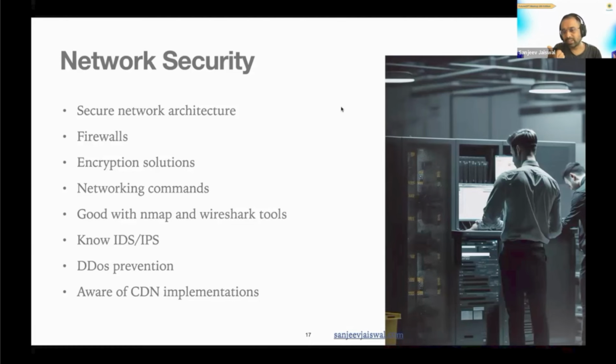If you want a career in network security, that's why I'm trying to cover all these slides, because after this you will be able to figure out where your interest lies. Is it web, application, network, or cloud?